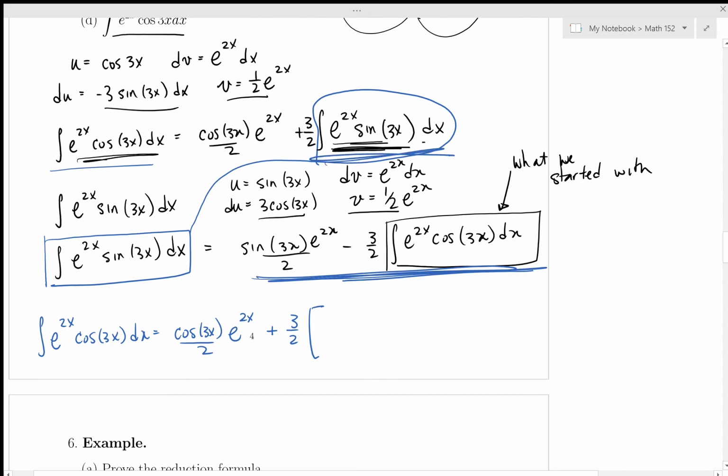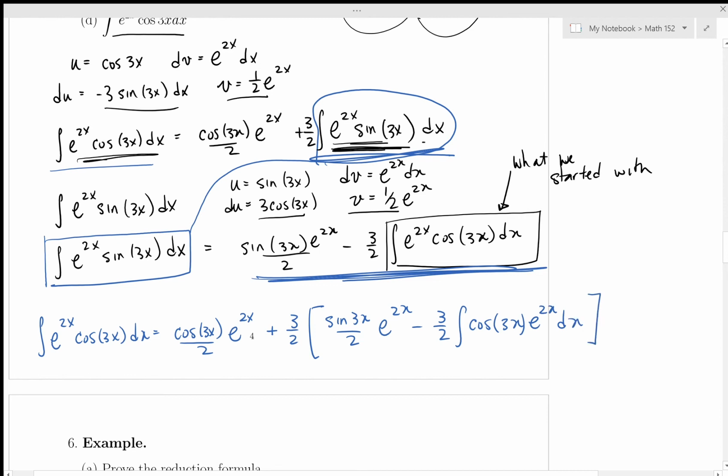So here I get sine 3x over 2 e to the 2x minus 3/2 the integral of cosine 3x e to the 2x dx, like that.